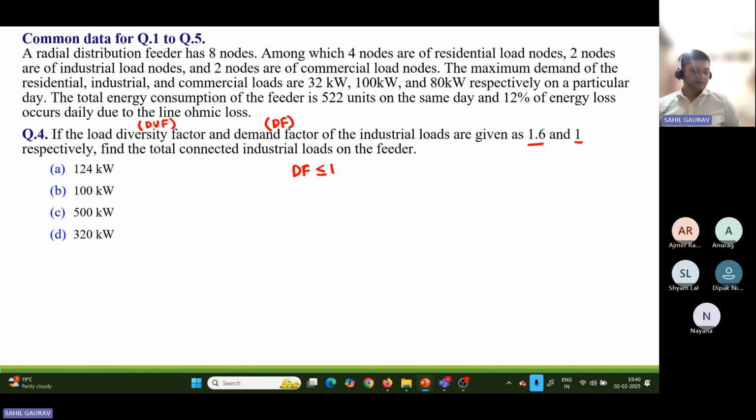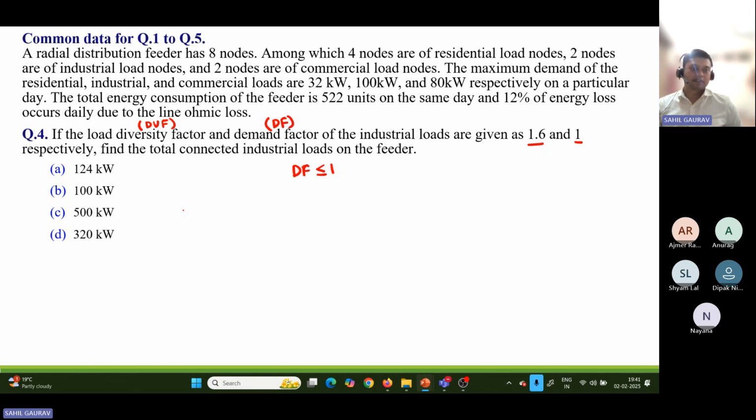So based on the data, you can find the total connected load from the demand factor.